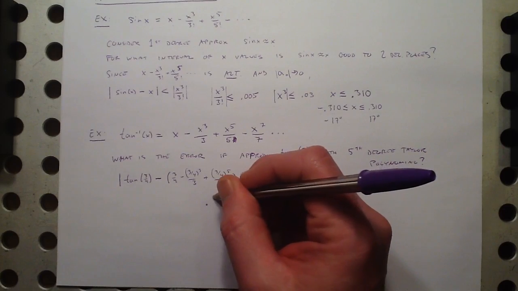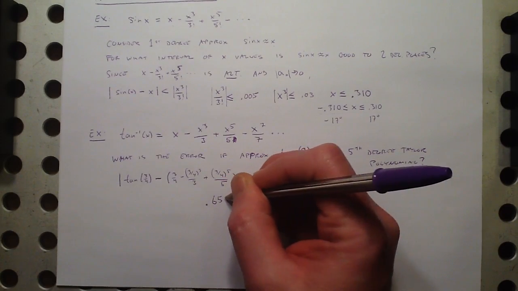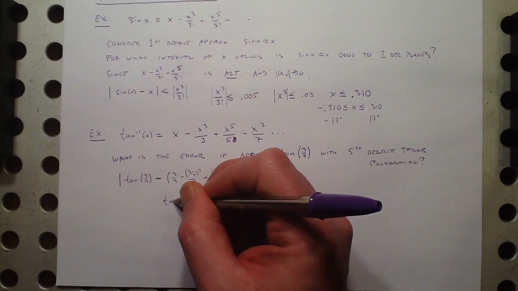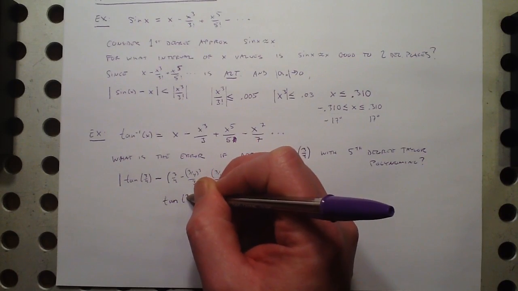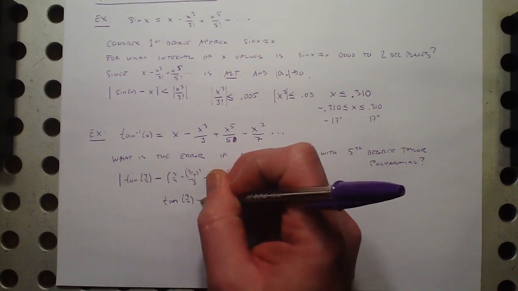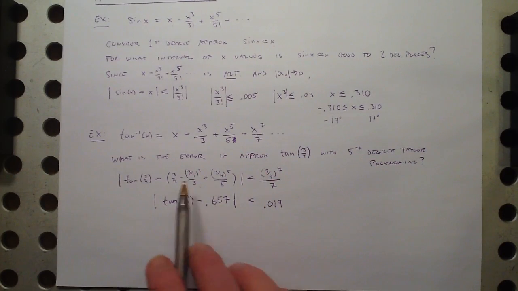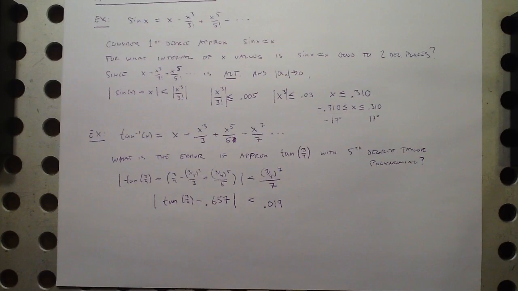That's about 0.657. So the difference between the actual value and the approximation that we got using the first 3 terms is this.